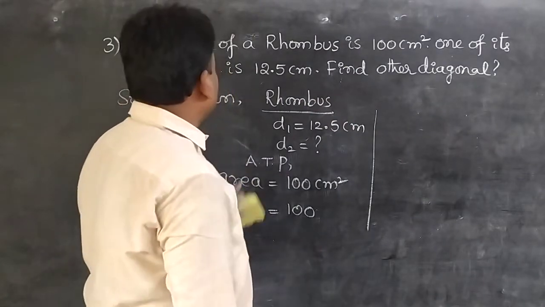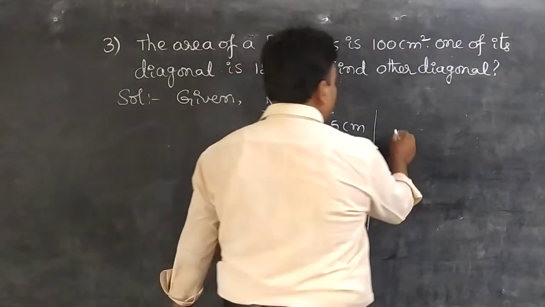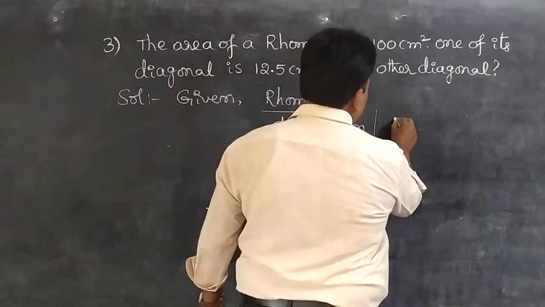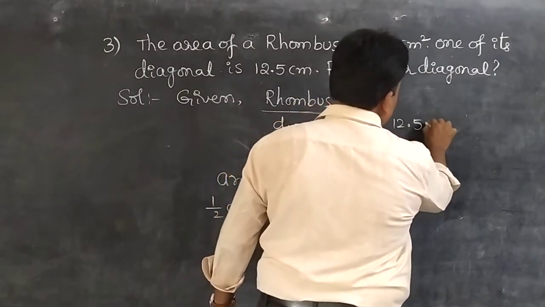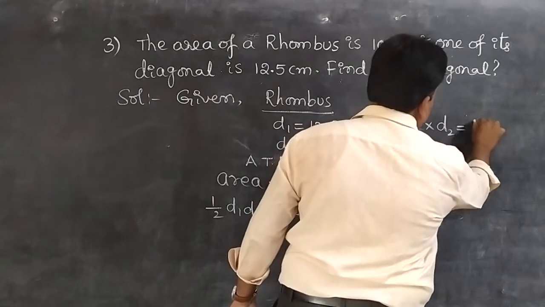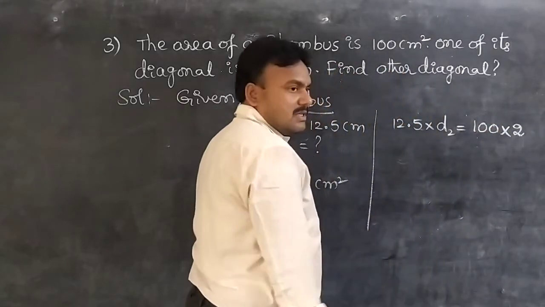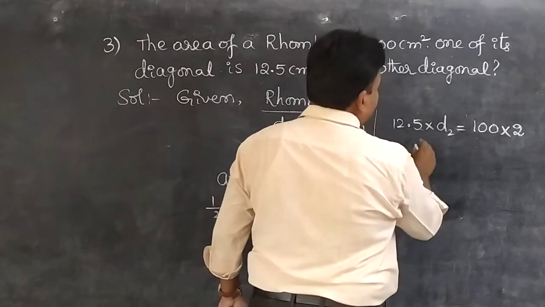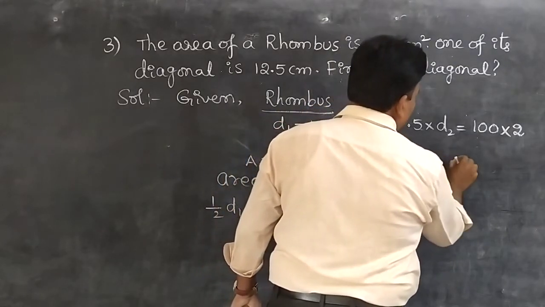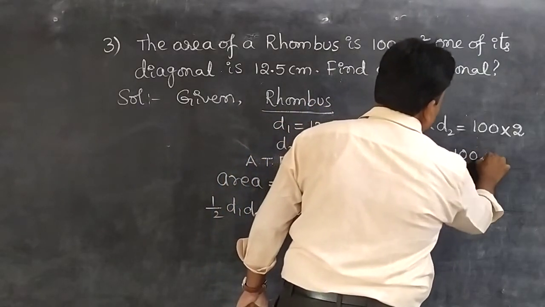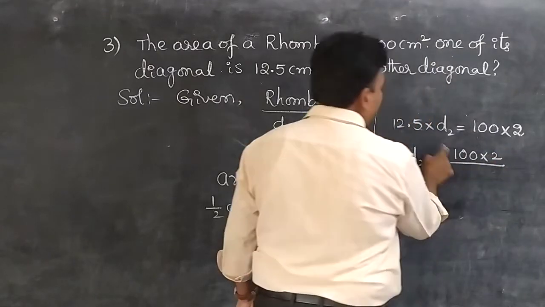What about the d1 value here? d1 equals 12.5. So that is 12.5 into d2 equals 100 into 2. Okay, students? Right. So next, d2 equals 100 into 2 by 12.5.